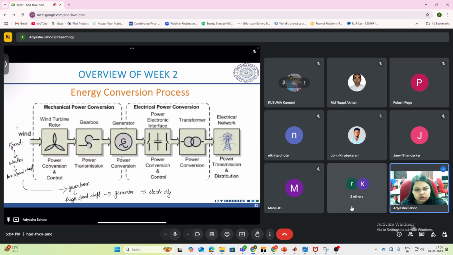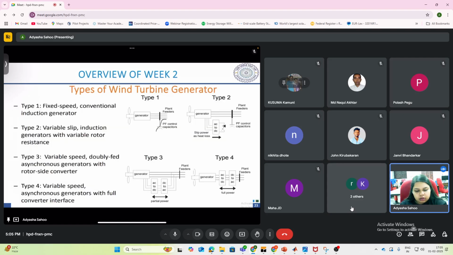Then, similar to the various generations of solar cell, we have various types of wind turbine generator also. The first one, or type one, was the conventional fixed speed type of induction generator. So you have some PF control capacitors here. So what are these PF control capacitors?